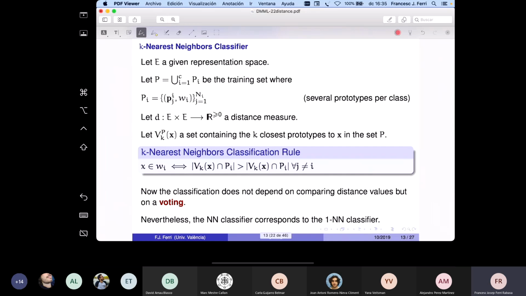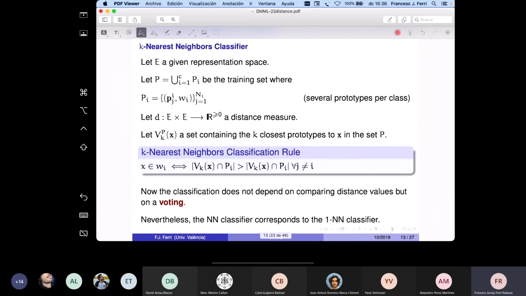And then when we are going to classify an input point, the only thing we do is to check our database, see what is the example that is the closest, and then we assign the class of the nearest neighbor, the nearest prototype. Well, this can be a good rule, but sometimes this rule can be not as good.